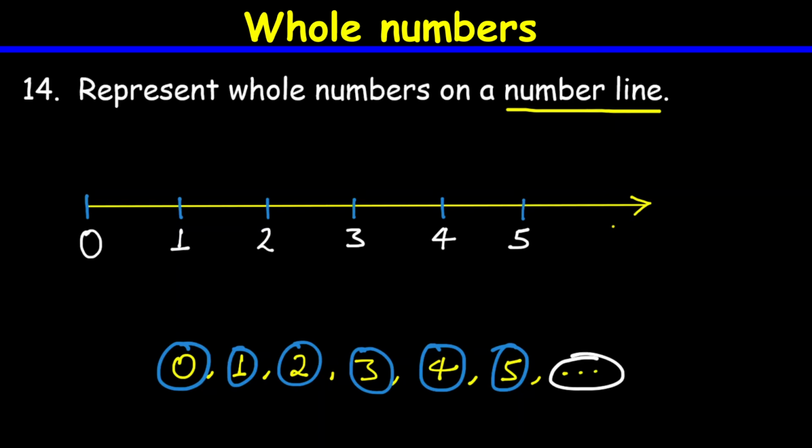A very important point here is that when you mark the points, the distance between the marks must be equal. The distance from 0 to 1 must be equal to the distance from 1 to 2, 2 to 3, 3 to 4, and so on. Therefore, this is how to represent whole numbers on a number line.